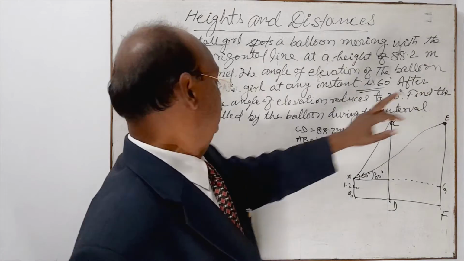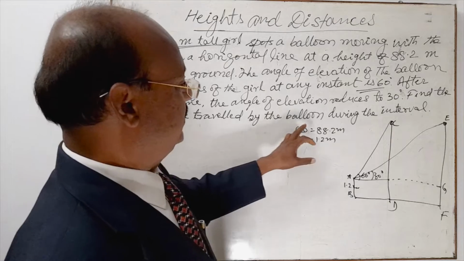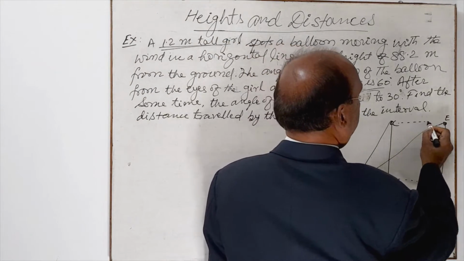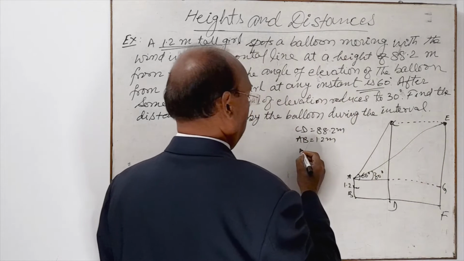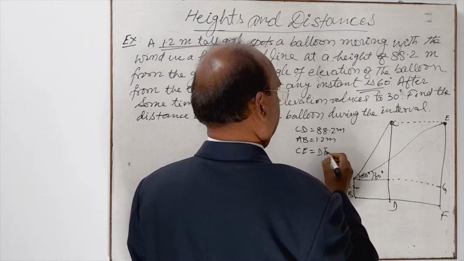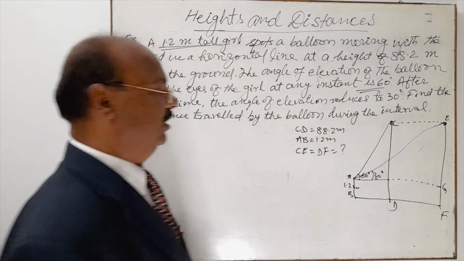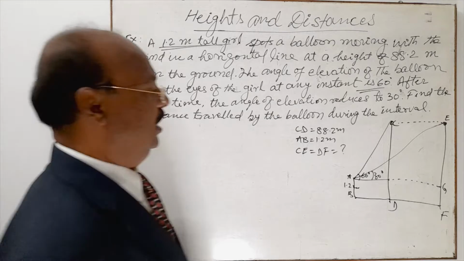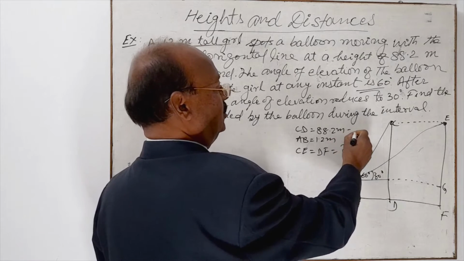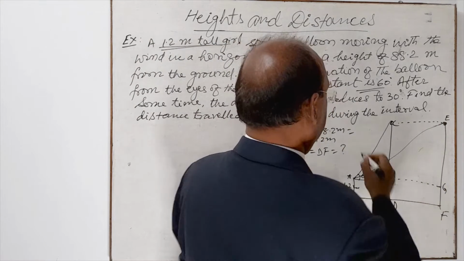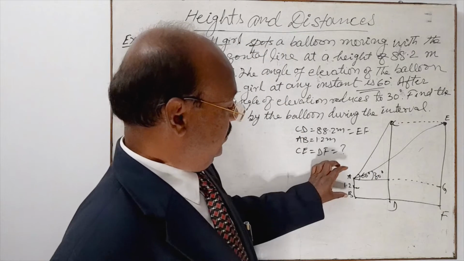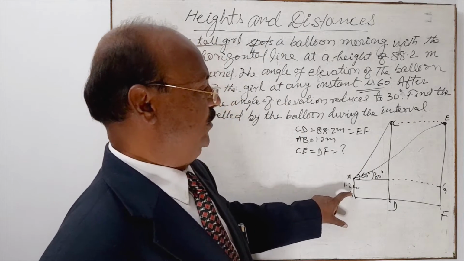So we have to find out the distance traveled by the balloon during the interval. So we have to find out this distance CE, and CE is nothing but DF. So we have to find out DF, correct? And CD, the height of the balloon, is 88.2 meter. So this is EF also. But the height of the girl is 1.2 meter.